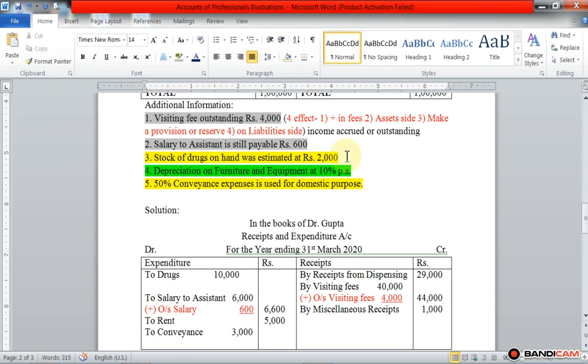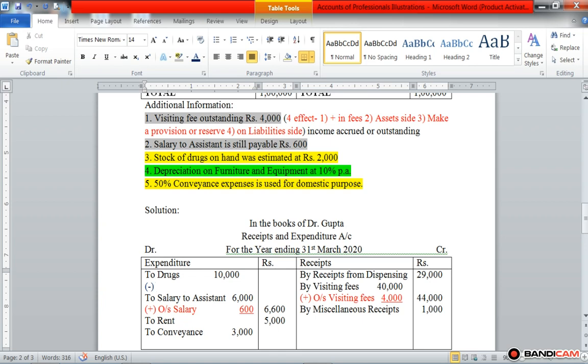Got it? So this 2000 is the current asset of Dr. Gupta. So here we find out the actual expenditure on the drugs. So here we deduct less stock of drugs, because that much, or rupees 2000 stock, is left with Dr. Gupta.